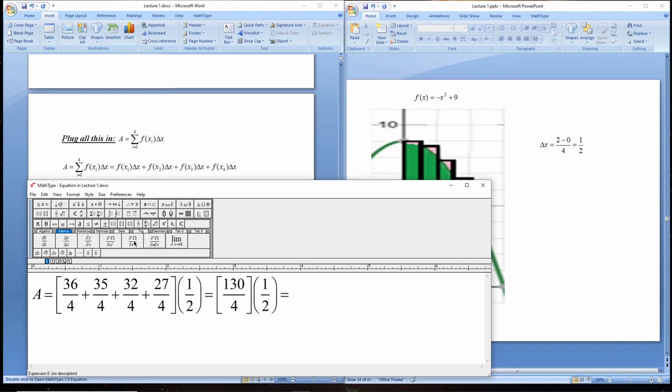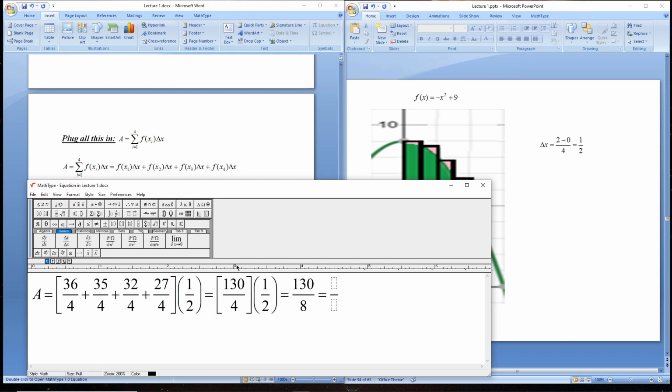So our final answer would then be 130 over 8. Now, yeah, you can simplify that. I guess that's actually not too bad, only division by 2 there.